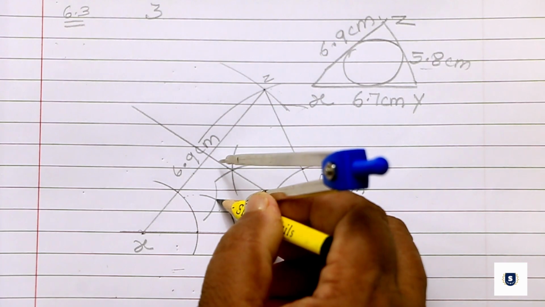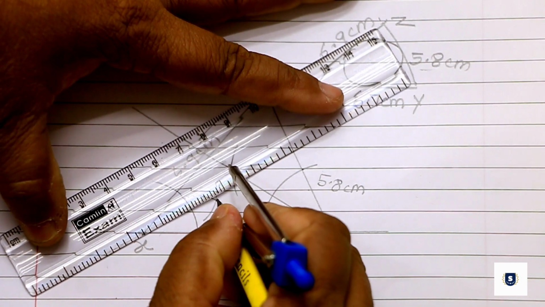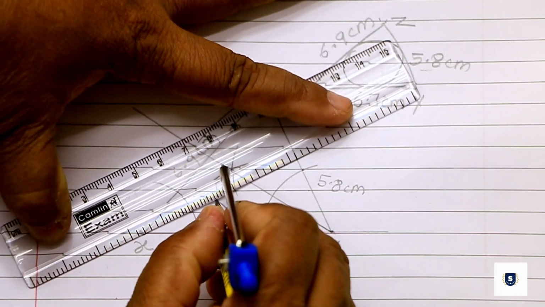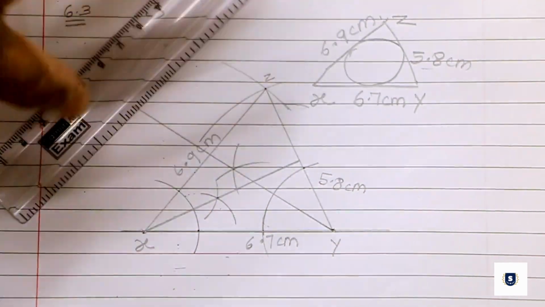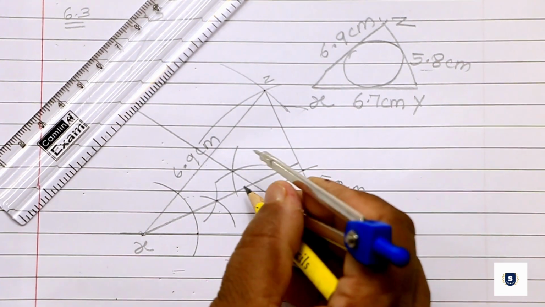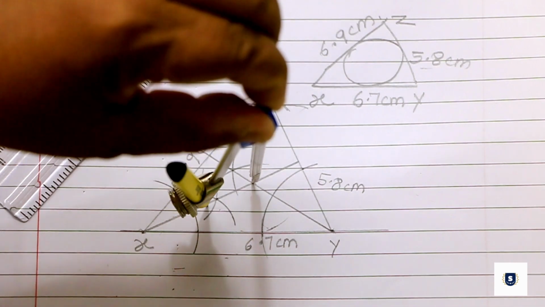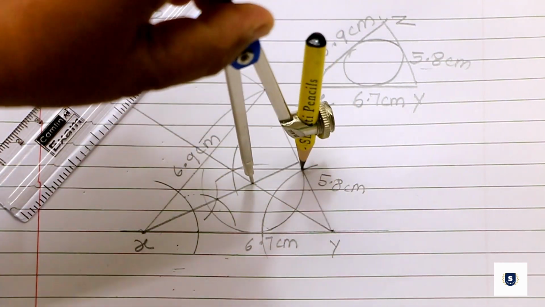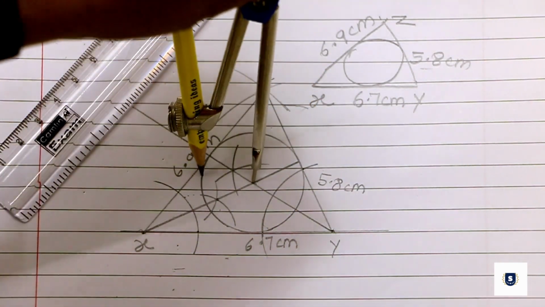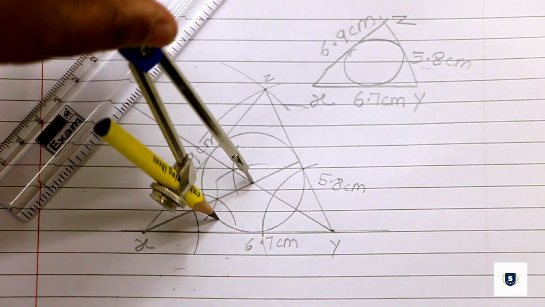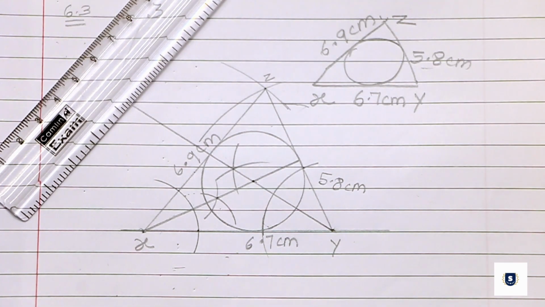Wherever these two arcs are intersecting, that point should be considered, and join that point where arcs are intersecting and X. The lines are meeting at this point. Let me check. If I would draw a circle inside, I am getting an incircle very clearly, children, you can see. Fine, very beautifully I have got the circle. Yes, and this is your incircle.